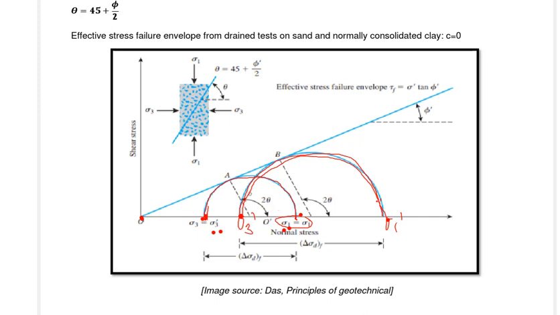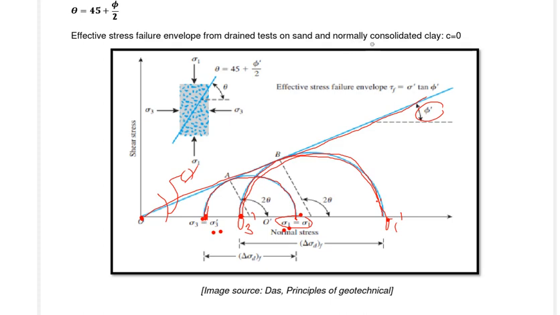So, looking at this figure, using the two failure circles shown here, we can plot the failure envelope as the line tangent to the circles, and compute for the friction angle, our phi, and then our cohesion, if we have cohesion when our soil is not normally consolidated.